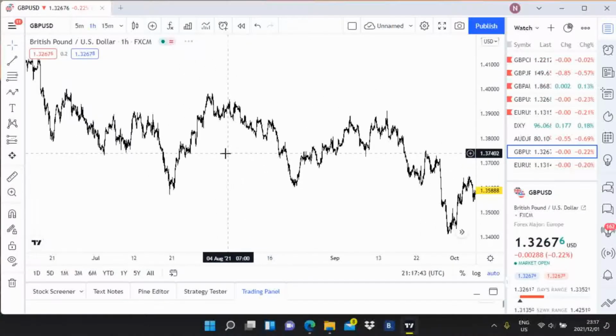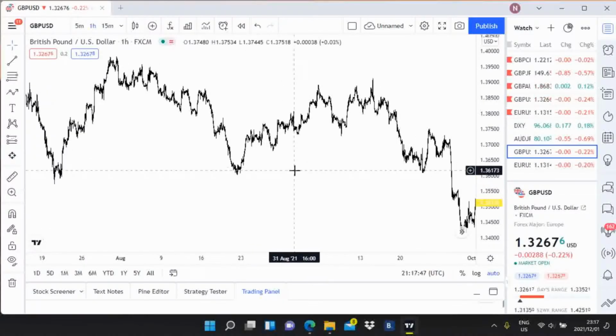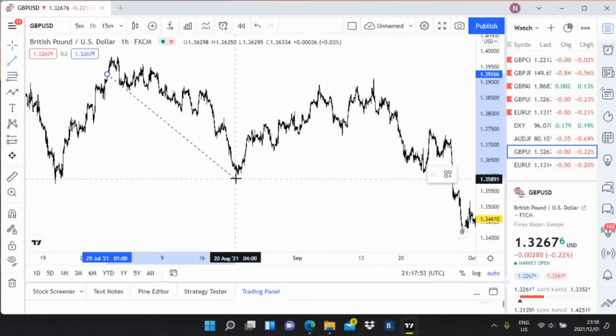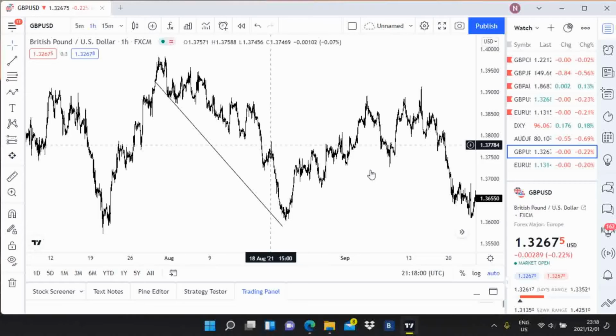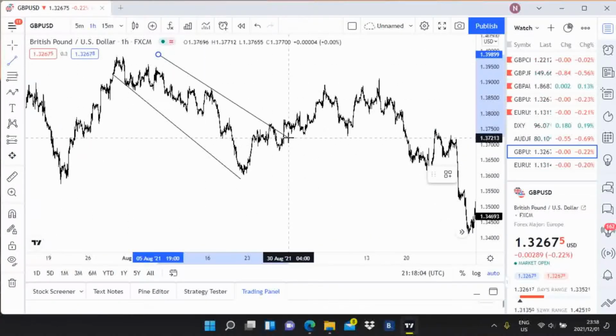The first thing we need to do is to look at the trend of the market. As you can see here, this trend is currently in a downtrend. Let me just fix my trend line. As you can see, this trend here is in a downtrend.